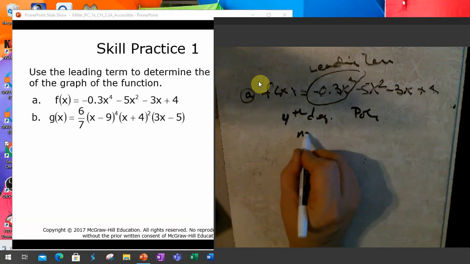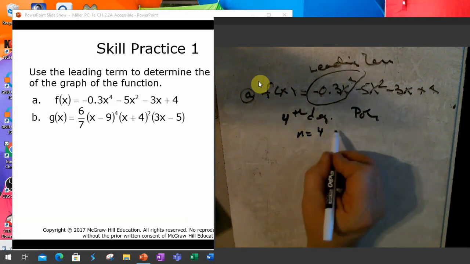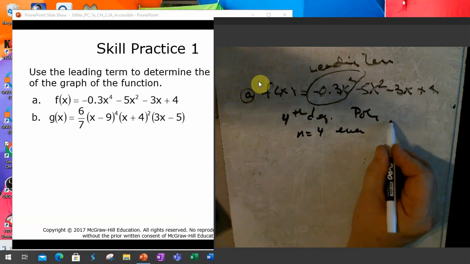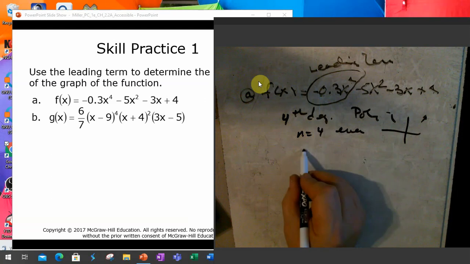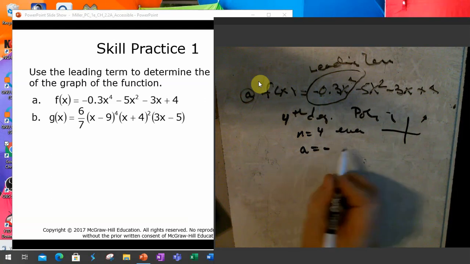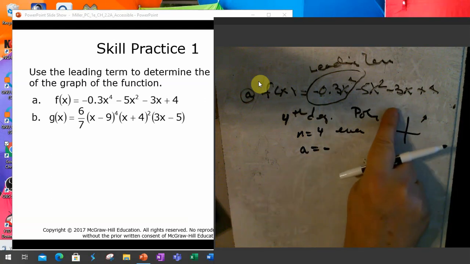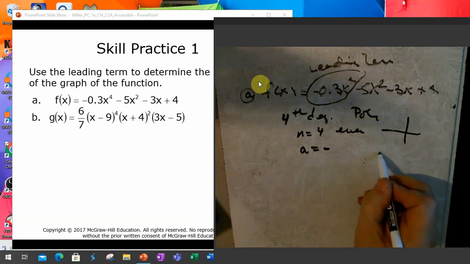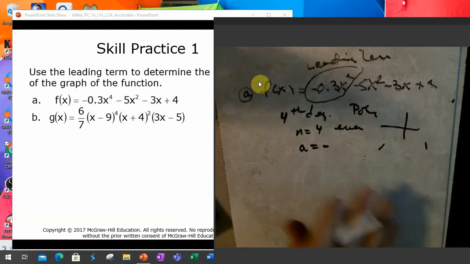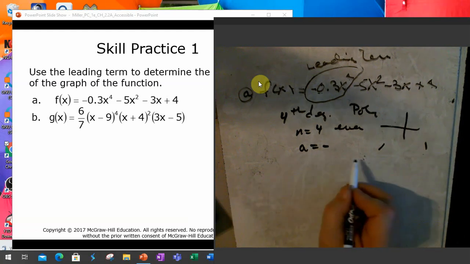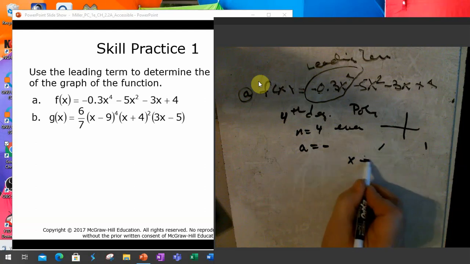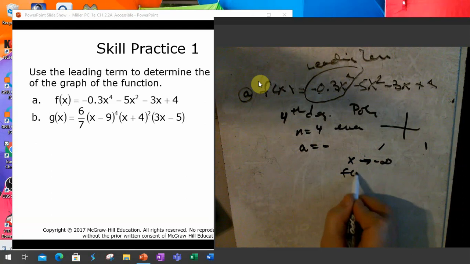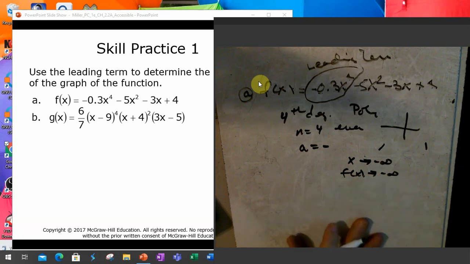So n is equal to 4, that's the highest power. This is even, okay? So if we started with that, it would be that kind of picture, up, up. Then we look at a, this is less than 0, so I'm just going to flip that. Now I'm going to write the end behavior. From this one, as x goes to -infinity, f of x goes to -infinity.